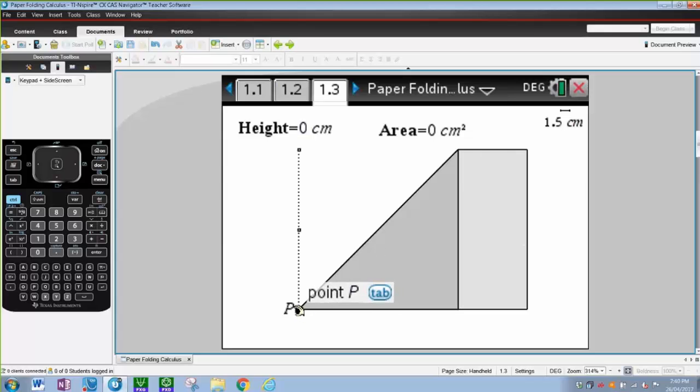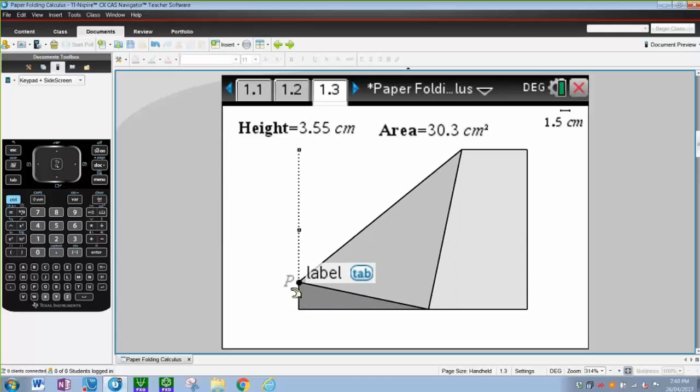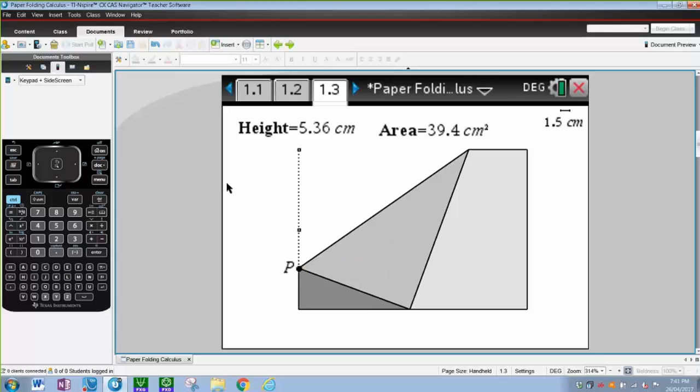So what we can do before even starting is actually see this in an interactive form. What we've got is a point P over here, and that point P represents the height of the triangle that we have. If you can just imagine this big rectangle there to be representing the A4 piece of paper, and the point P is the point along the left-hand side at which the fold in the paper ends.